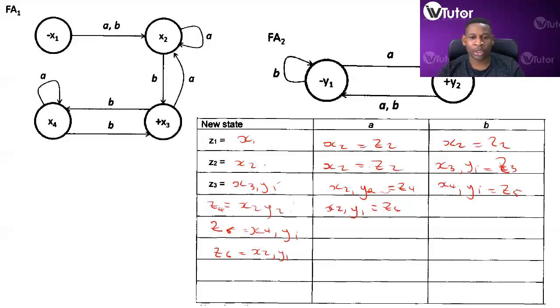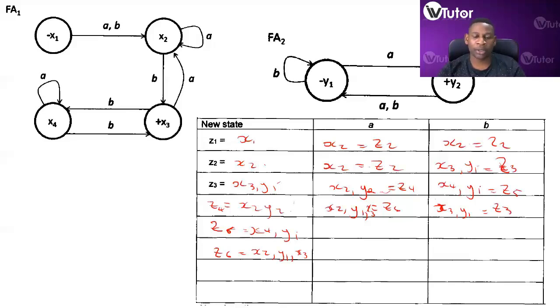Y1 is the same as saying X3, so we can put X3 over here. Then if you are in X2 encountering B, you go to X3 Y1. If you are in Y2 encountering B, you go to Y1, which is already catered for, and X3 Y1 is equivalent to Z3.